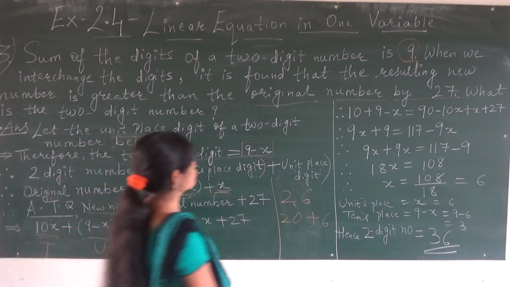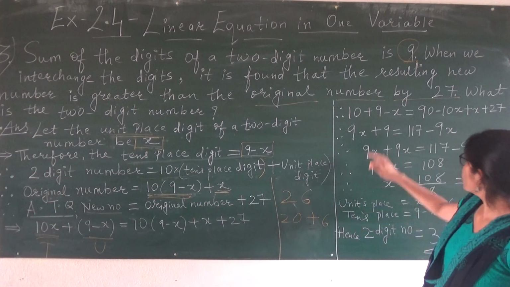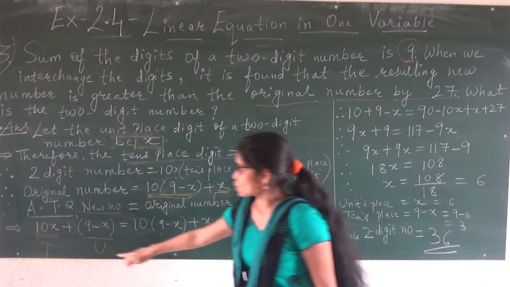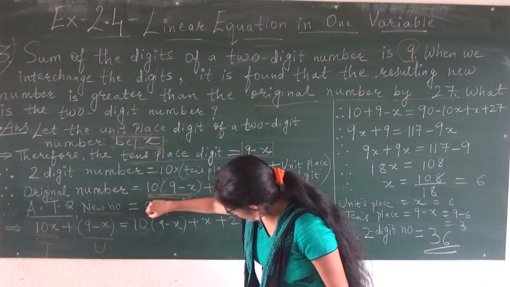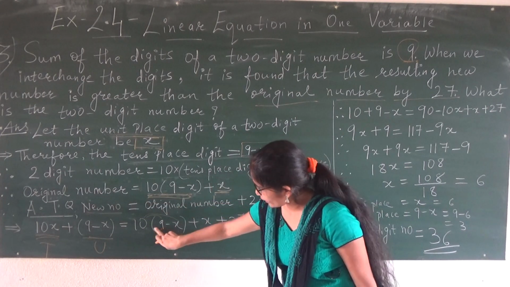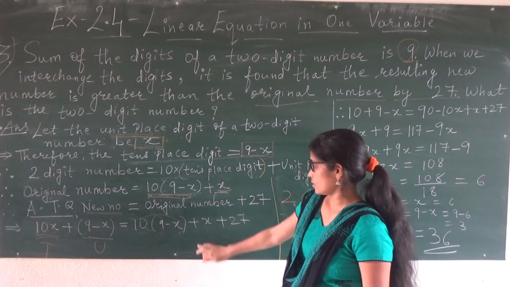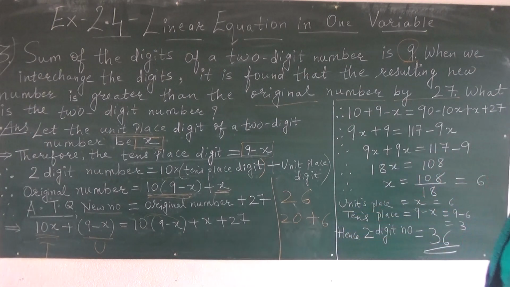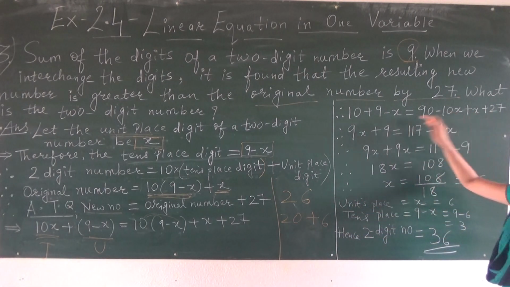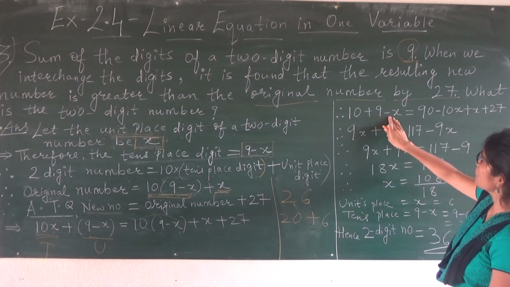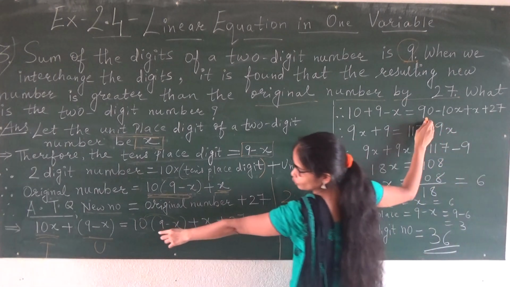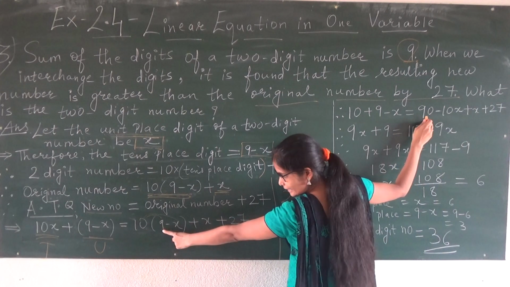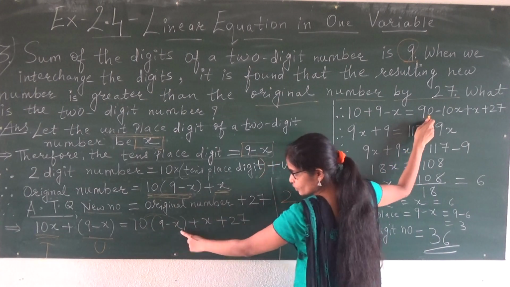Interchange. Now proceeding ahead. We need to open the bracket. So 10x plus (9 minus x), here 10 will be multiplied with both. So 10 into 9 and 10 into x. Open the bracket, and on this side you are multiplying 10: 10 nines are 90, minus 10 into x will be 10x.